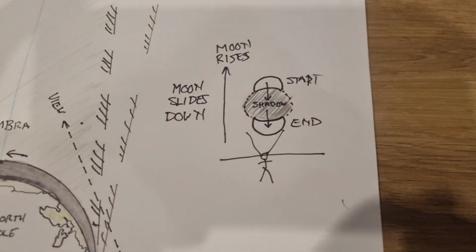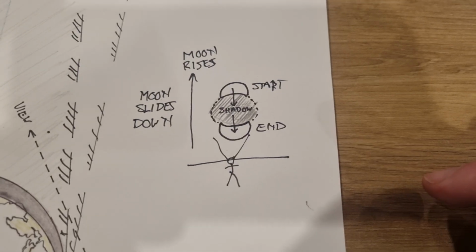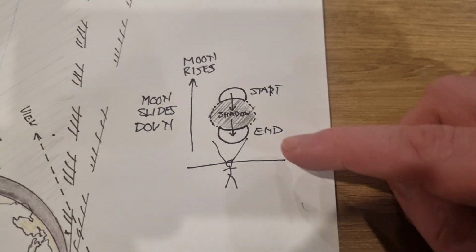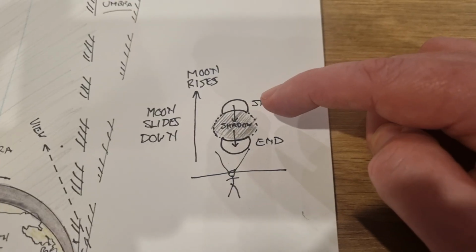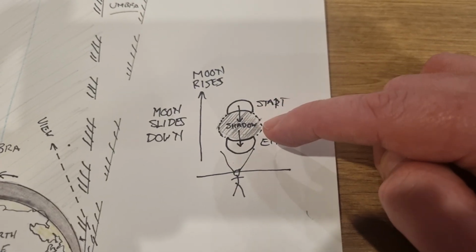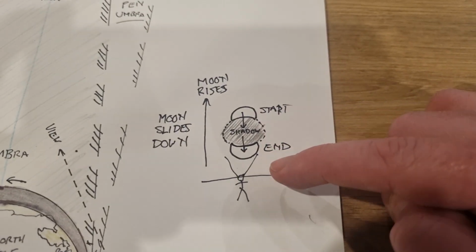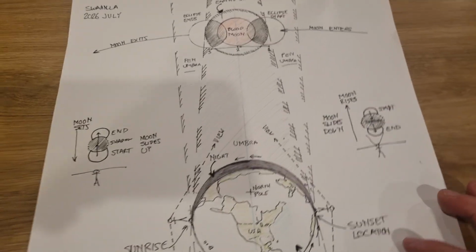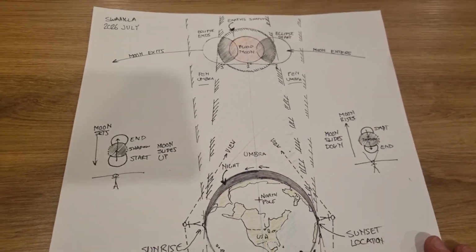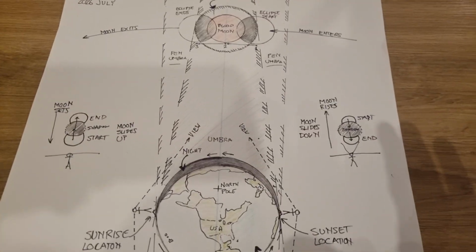So what this person on the sunset is seeing, they're seeing the moon rise in position, but they're seeing the moon go down into the shadow and then pop out of the bottom of the shadow. Okay, done. The sunset eclipses make sense to flat earthers.